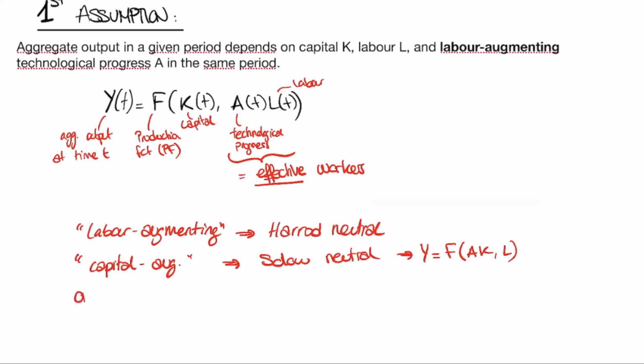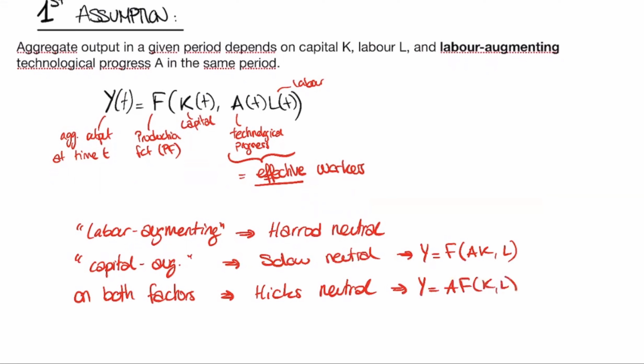And if it was augmenting on both factors, we would have a Hicks neutral production function that we would write down as Y is equal to A F(K, L). All right, and so remember, in the Solow model, we are in a Harrod neutral situation. So our production function is Harrod neutral.